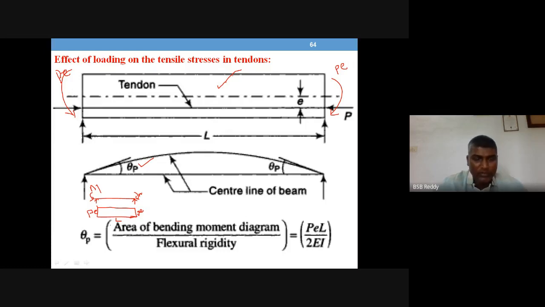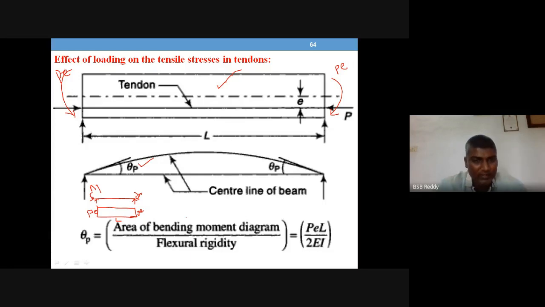To find the slope, you have to use area moment theorem 1. What it says is: choose any 2 points on the member. The difference of slopes of those 2 points is equal to the M by EI diagram area between those 2 points.